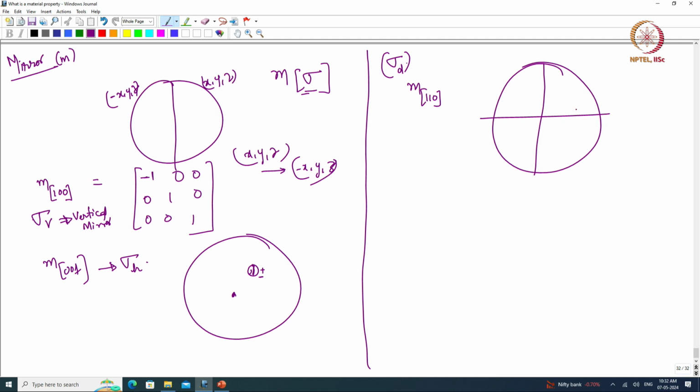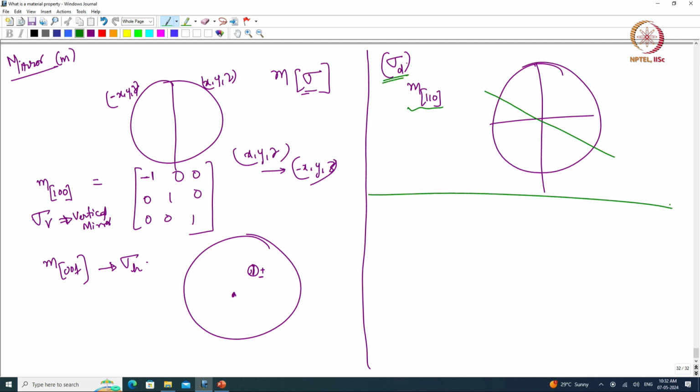So, I can have an x mirror or a y mirror, but what I can also have is a diagonal mirror. So, this is my x axis, this is my y axis, and my diagonal mirror will be somewhat like this, about the 110 planes. So, in crystals I can have the 110 planes being the mirror planes, and that in Schoenflies notation is represented as sigma d.